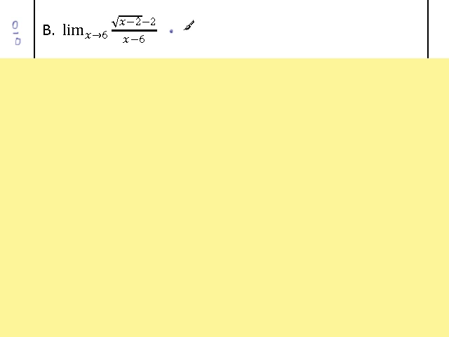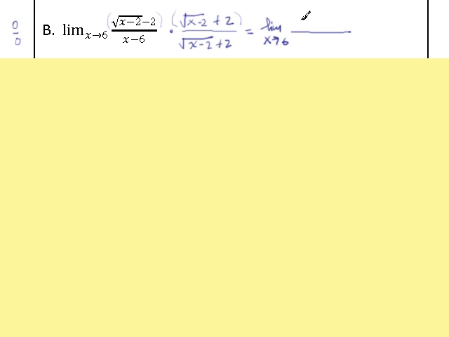So we're going to manipulate the expression by multiplying top and bottom by the conjugate of the numerator, that is by square root x minus 2 plus 2. Okay, so here in the numerator, since we have conjugates, that is a minus b, a plus b situation, the middle terms drop out, so we only have to do first last in the FOIL multiplication.